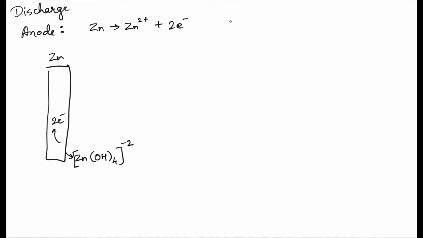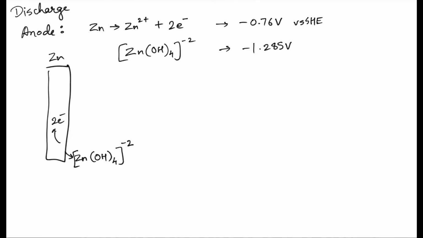In this case the reduction potential is negative 0.76 volts versus standard hydrogen electrode. And the reduction potential of this zinc hydroxide is negative 1.285 volts versus standard hydrogen electrode.